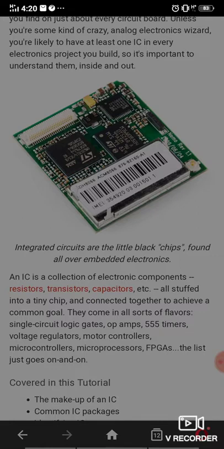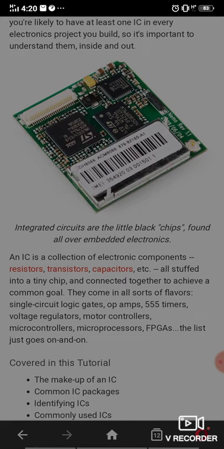An IC is a collection of electronic components, transistors, resistors, capacitors, all stuffed into a tiny chip and connected together to achieve a common goal.